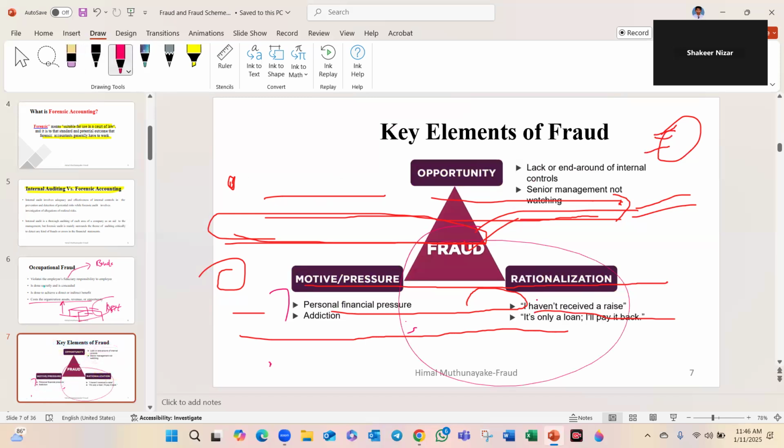Next we are rationalizing the stuff. Rationalization: I haven't received any raise, because others received a bonus, I also didn't receive one, so I will steal money. It is only a loan, I will pay it back. Let's say you are the person handling the petty cash in the company. You are stealing, let's say, 500, 500, 500 every day. Once you receive your salary, you refill that stolen money.